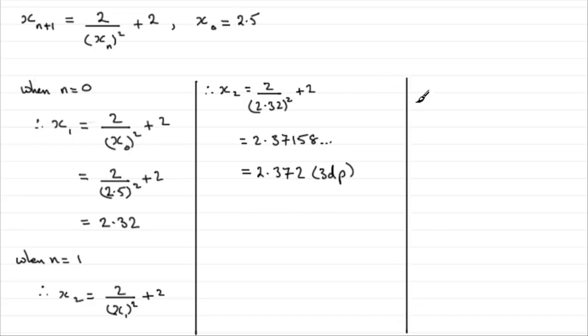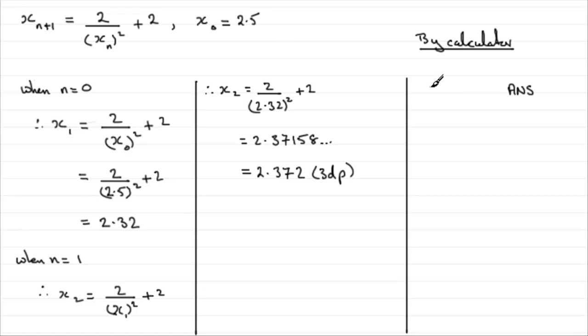What you can do is, if you've got a scientific calculator with a button called ANS, short for answer, then you can use this method. What you do, by calculator, is first of all type your first approximation into the calculator, 2.5.